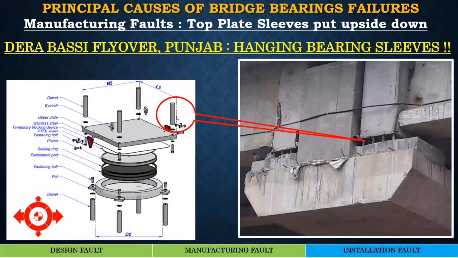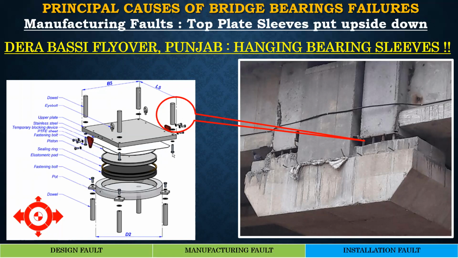Another good example of poor installation is the Deravasi flyover in Punjab, where you can see a normal pot bearing. The bearing sleeves are like this. The sleeve for the top plate is embedded into the superstructure, and the bearing sleeve for the bottom plate is embedded into the pedestal.